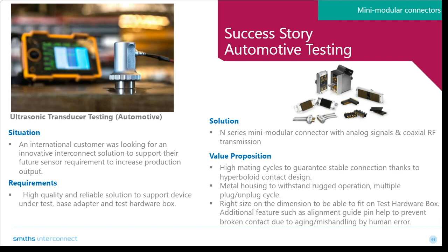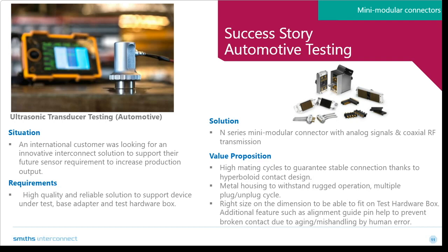So the situation was that one of our customers from Far East Asia was looking for an innovative interconnect solution to support their future sensor requirement to increase production output. They, as you would expect, did a lot of due diligence in looking around at what's available in the market today.